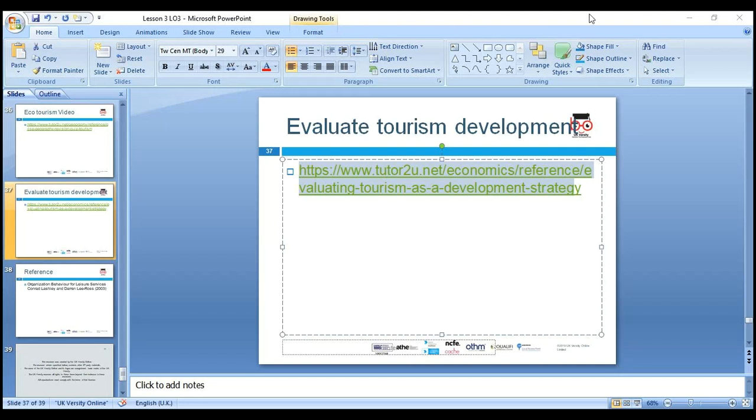Any question? No. So I'm going to send you a chapter of the book, which is quite good. It's called Tourism and Development: Agenda in Action, about different parts of the world, different projects.